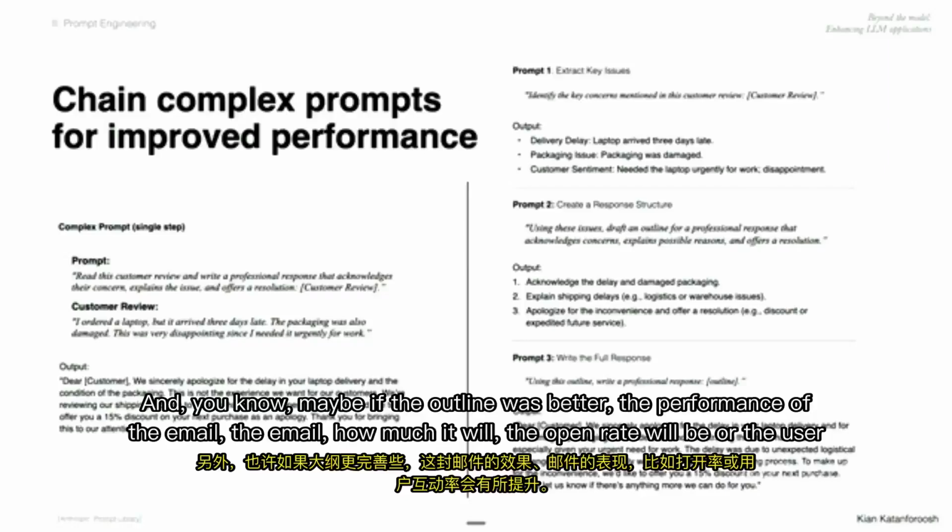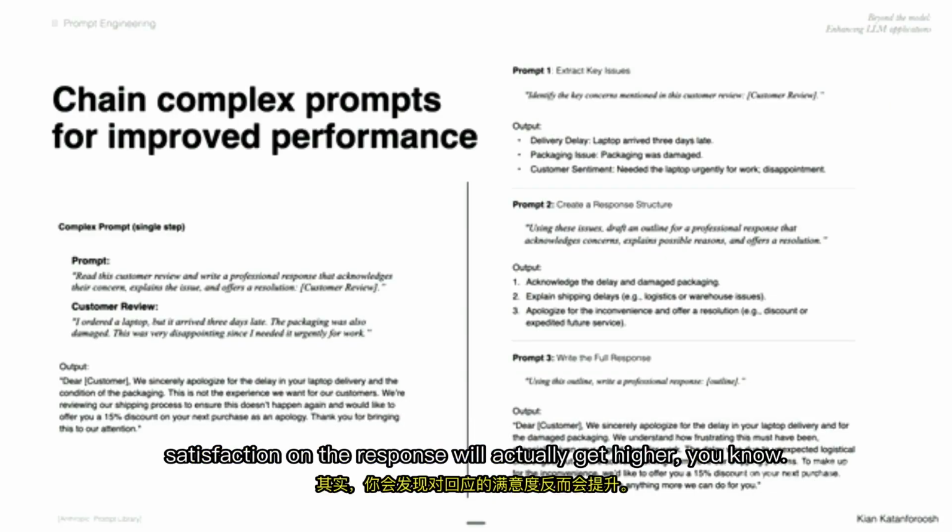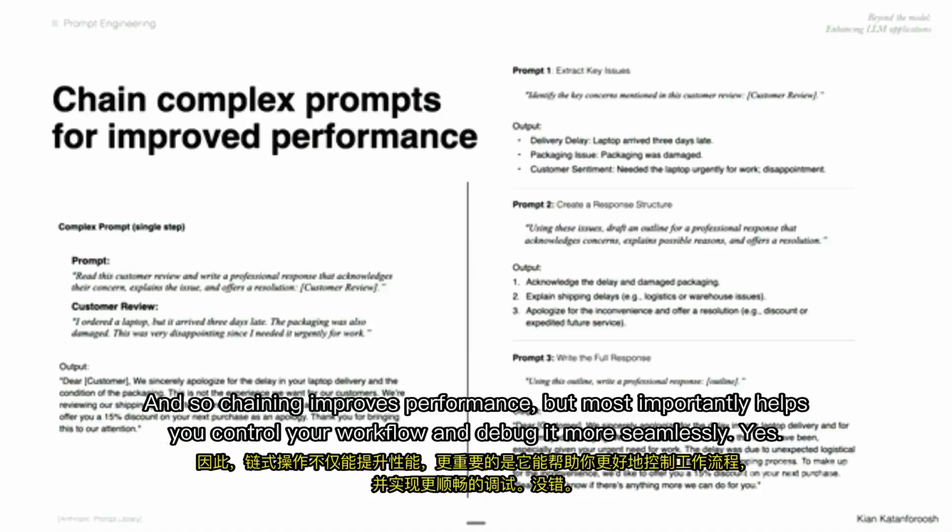And maybe if the outline was better, the performance of the email, the open rate, or the user satisfaction on the response will actually get higher. So chaining improves performance, but most importantly helps you control your workflow and debug it more seamlessly.